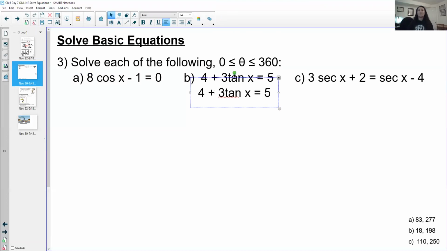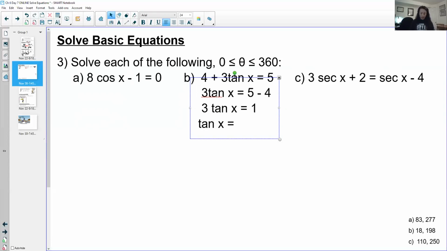Okay, let's get tan by itself. That means I'm going to take this 4 and I'm going to move it on to the left-hand side. Five minus 4 gives us 1. I need to bring the 3 onto the other side. It's being multiplied by tan, so when I bring it over, I am going to divide.